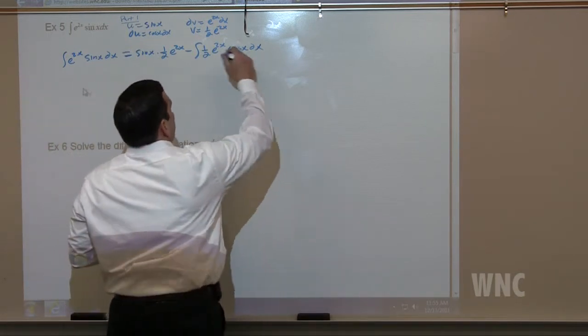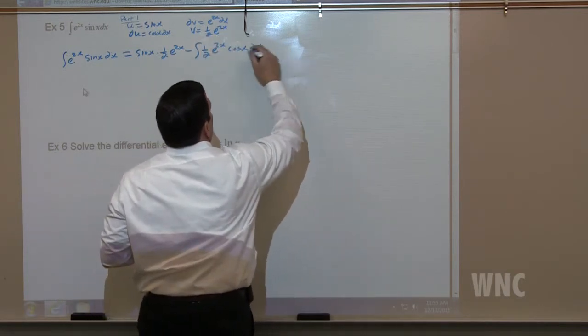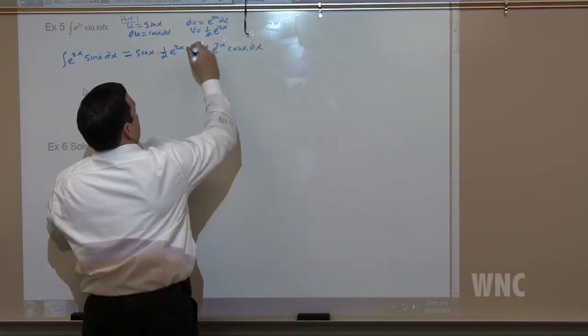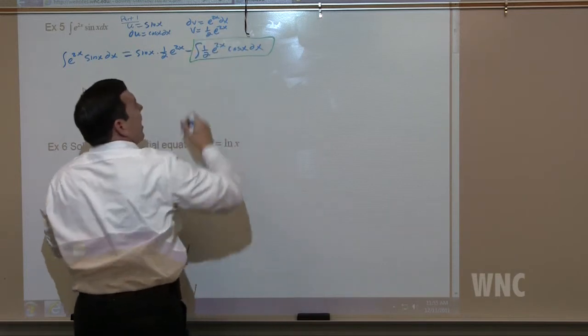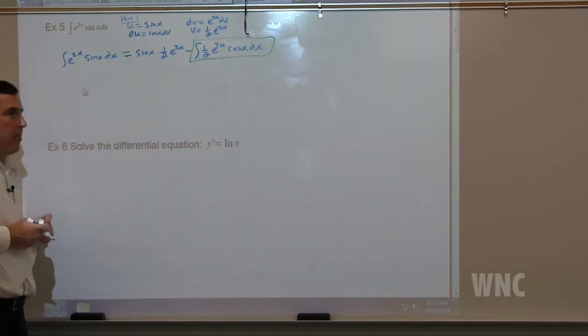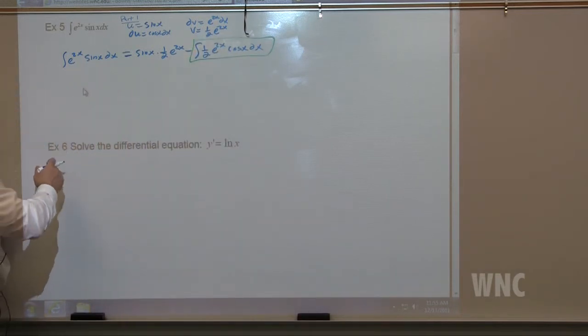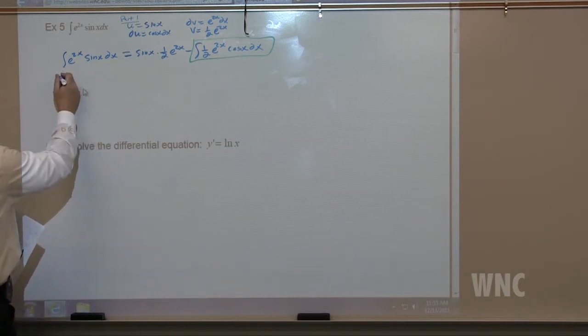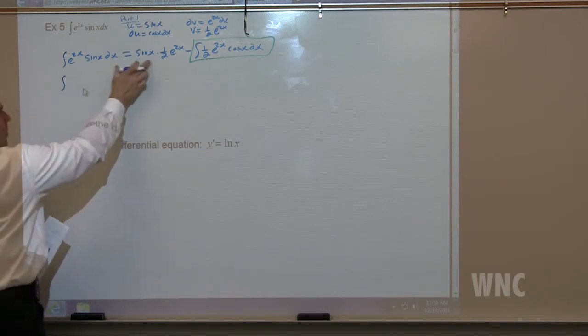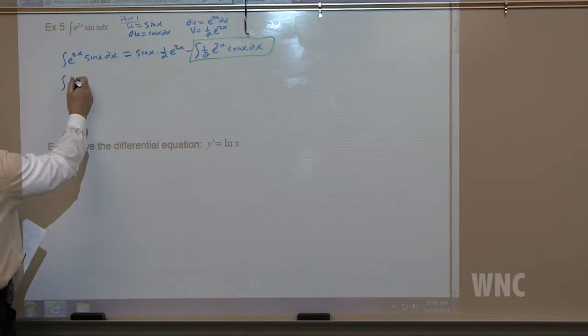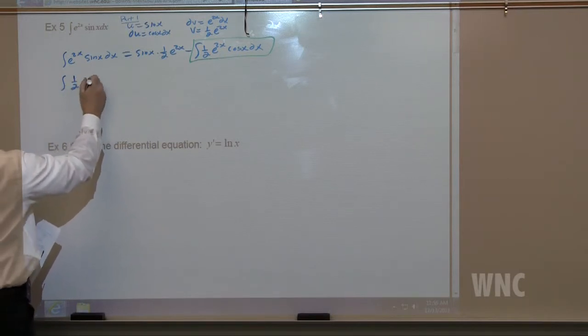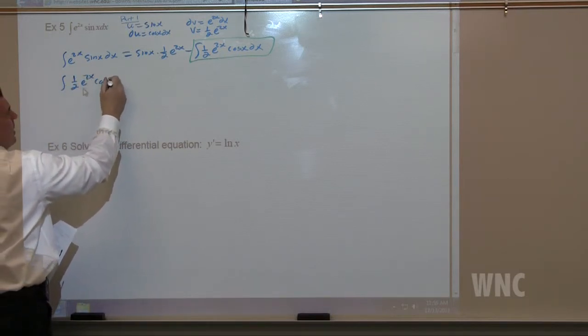So let's focus on this part right here. The last integral. Because that's not an obvious integration. That's not going to be something we can just come up with easily. So if we can examine the integral, and we'll come back to this. Examine the integral of 1/2 e to the 2x cosine x dx.